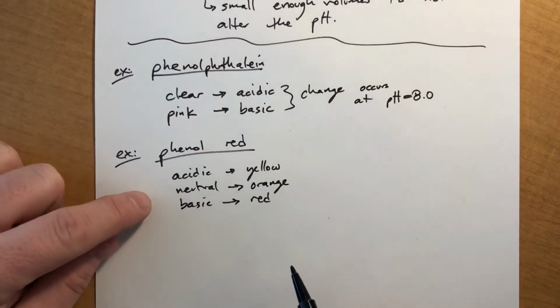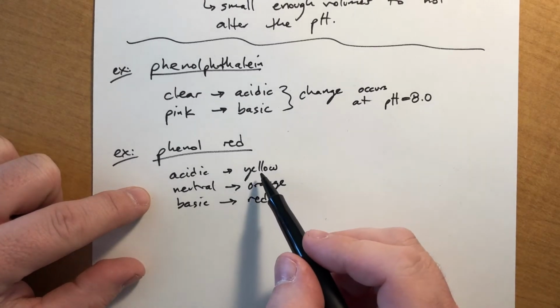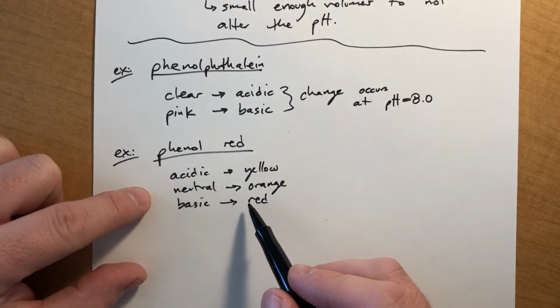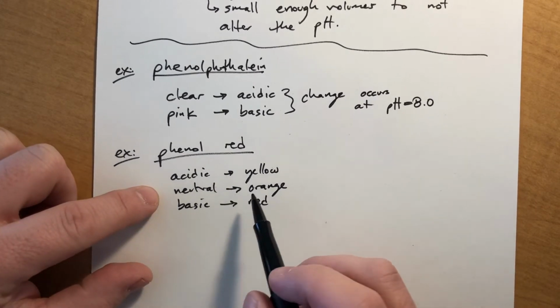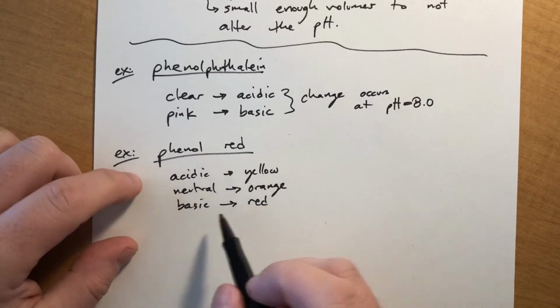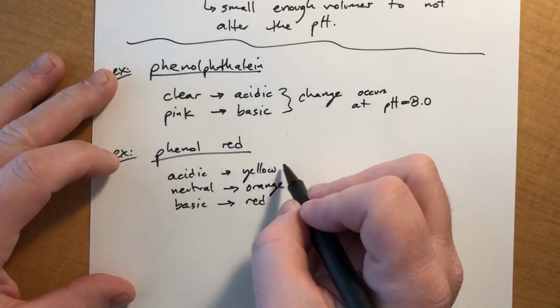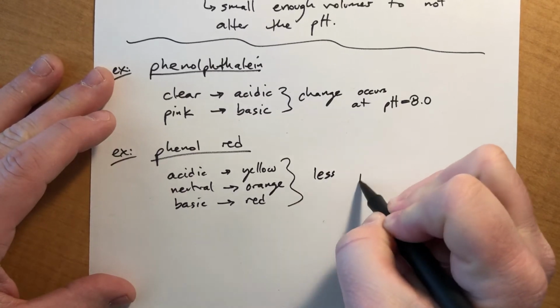Here's the problem. This isn't real precise. It's a subtle change from yellow to orange to red. Basically you'll know when you're near neutral. This is not good for titrations, but it doesn't mean it's not useful. Okay, so this version is less precise.